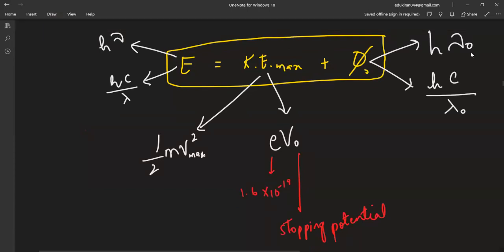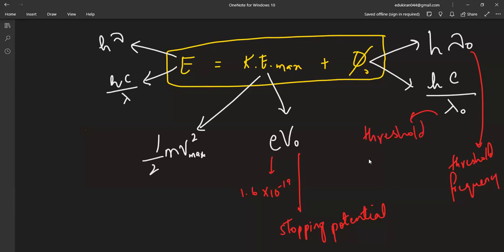This is the threshold frequency, this is the threshold wavelength. This is the normal frequency and wavelength of the photon.